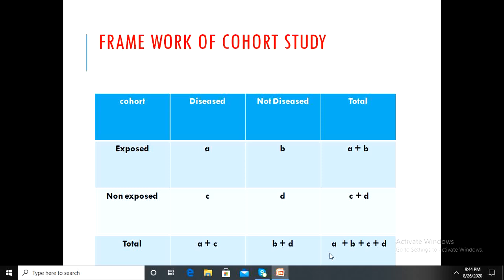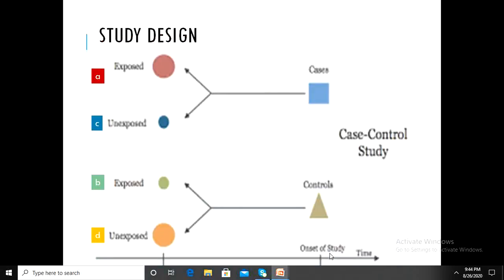Let us compare it with the construction of the 2 by 2 table in the case control study. In case control study, we started with cases and controls. All those cases which were exposed were labeled as A. All those cases which were unexposed were labeled as C. Look at the diagrammatic presentation very carefully because it will help you to construct 2 by 2 tables in future.